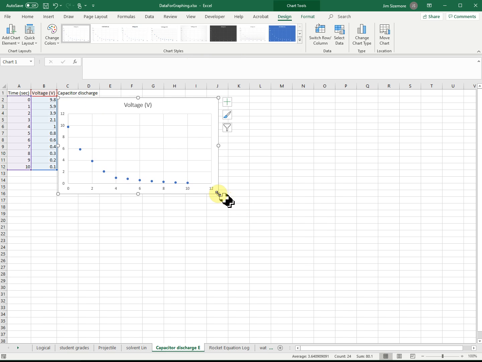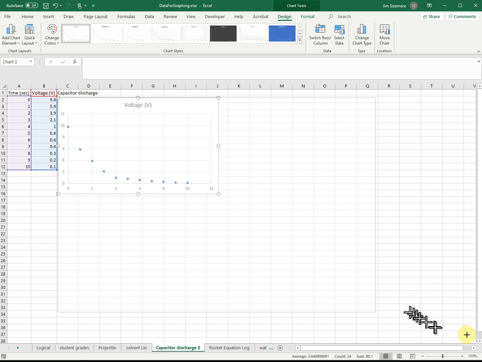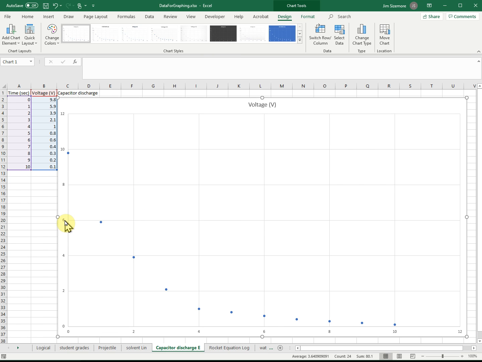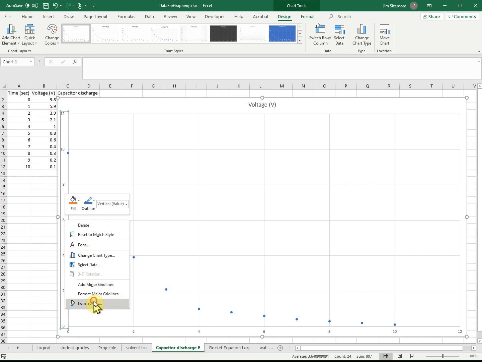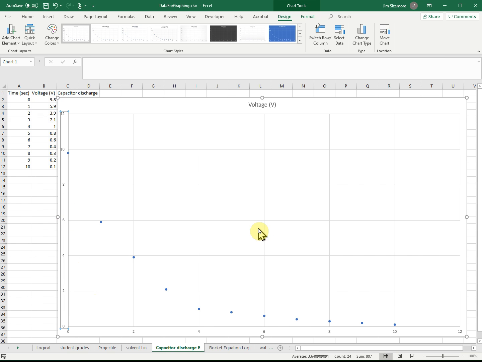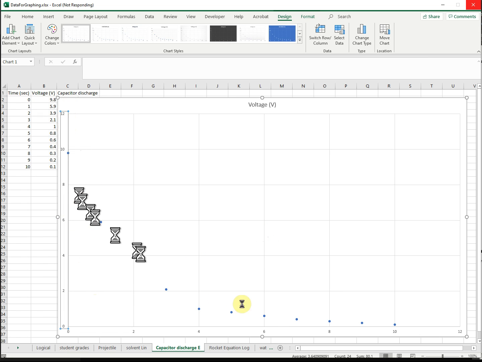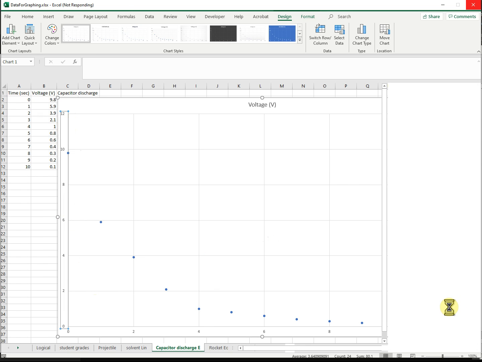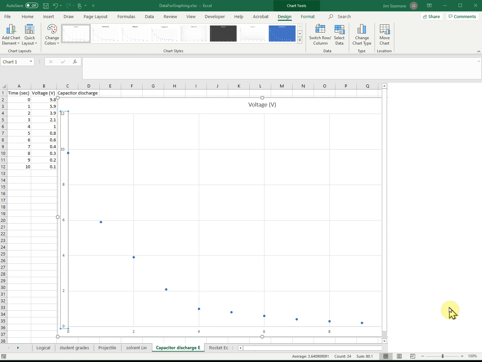Now, when we talked about graphing, we talked about changing the scale of the axis right over here. Format axis. And let's change the scale to a logarithmic. And I think this looks kind of logarithmic. Yeah, logarithmic is a good thing to try.